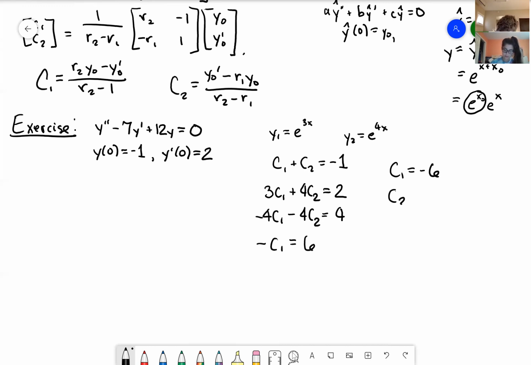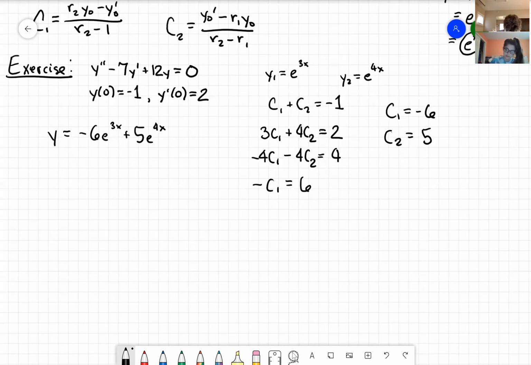And that means that C2 is just equal to 5. Any arguments? y is equal to -6 e to the 3x plus 5 e to the 4x. So this is what I get for this. Now I haven't plugged this into Wolfram Alpha or anything, so just my brain, nothing else.